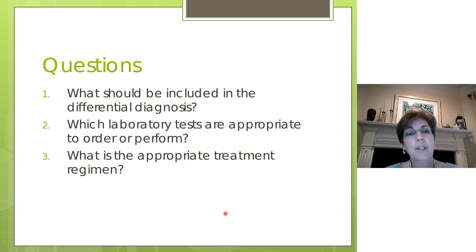So what should be included in the differential diagnosis? And let's just go one by one. What things should be included in differential diagnosis for this? He's got discharge and dysuria. Okay, chlamydia, gonorrhea, syphilis.